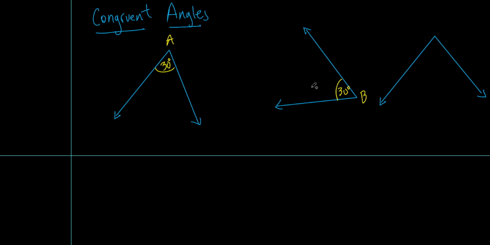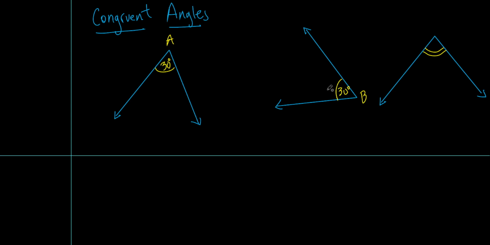What if I wanted to show that this angle was not equal to this angle? So these two angles have one arc. Watch what I'm going to do to show that this is not equal to this. I'm not going to put one arc, because if I put one arc, what does that mean? It means they're the same, right? But if I put two arcs, that means that this angle is different than this one.